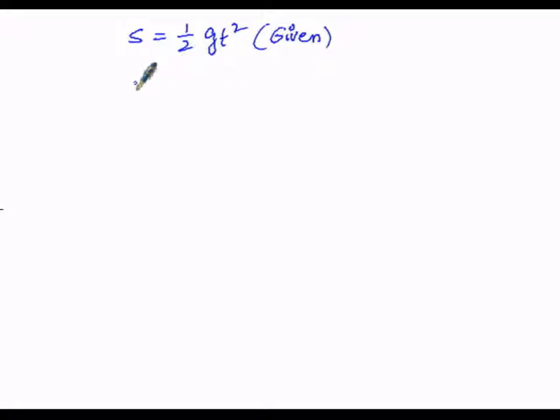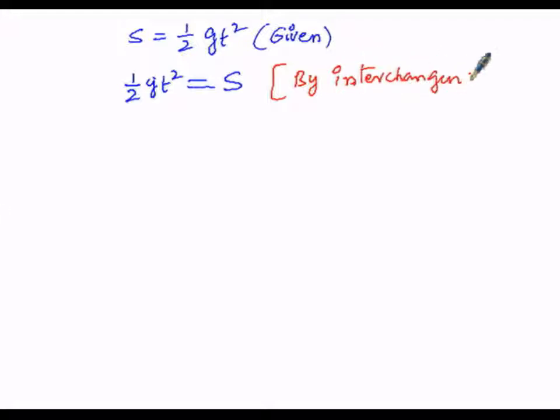The entire RHS, half g t square, I write as the LHS quantity, and the entire LHS, that is S, on the other side. I got this step by interchanging the left hand side and right hand side.